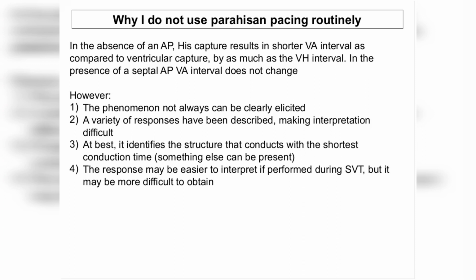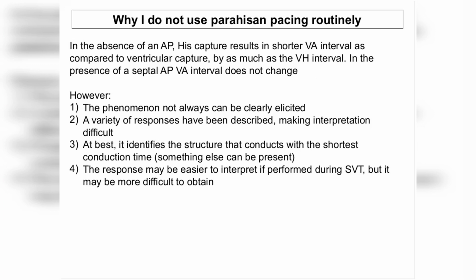Any comment, Fernando? Yeah, there are a couple of questions dealing with the same issue: how can we exclude that we are directly capturing the atrium with the high output at the His bundle catheter? How can we exclude atrial capture?